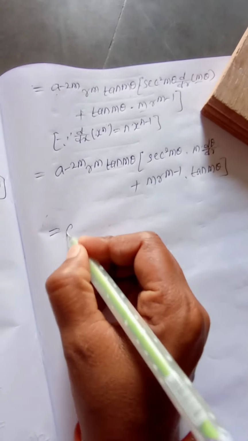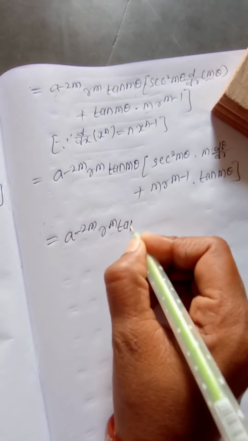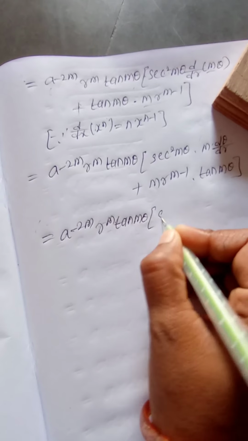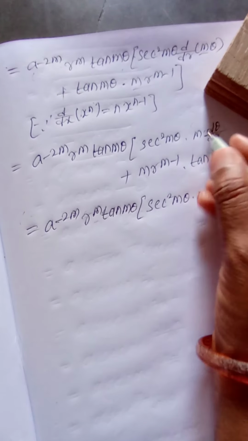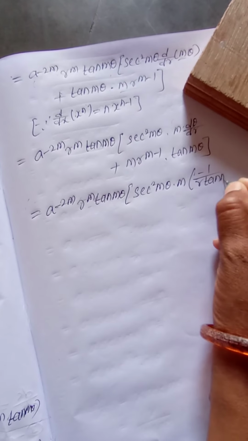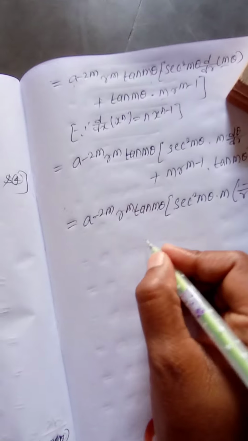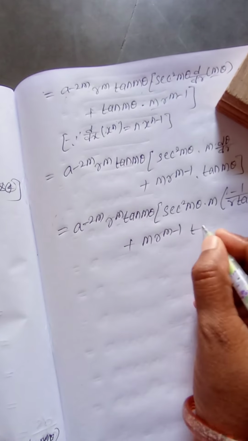So substitute d theta by dr value from equation 1: a to the power of minus 2m, r to the power of m, tan m theta, into secant square m theta into m, and d theta by dr is minus 1 by r into tan m theta, plus m into r to the power of m minus 1 tan m theta.